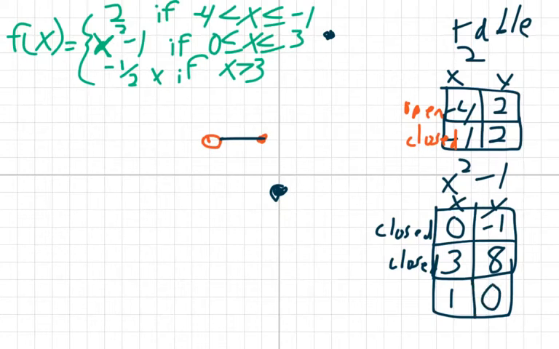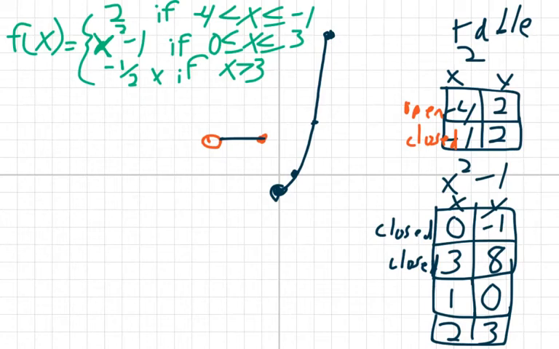So 1, 0 is on there. And then I'll plug in 2, and then I should be good. So 2 squared is 4, 4 minus 1 is 3, so 2 comma 3. And now I just connect these points. And it looks like it's basically almost half of a quadratic.